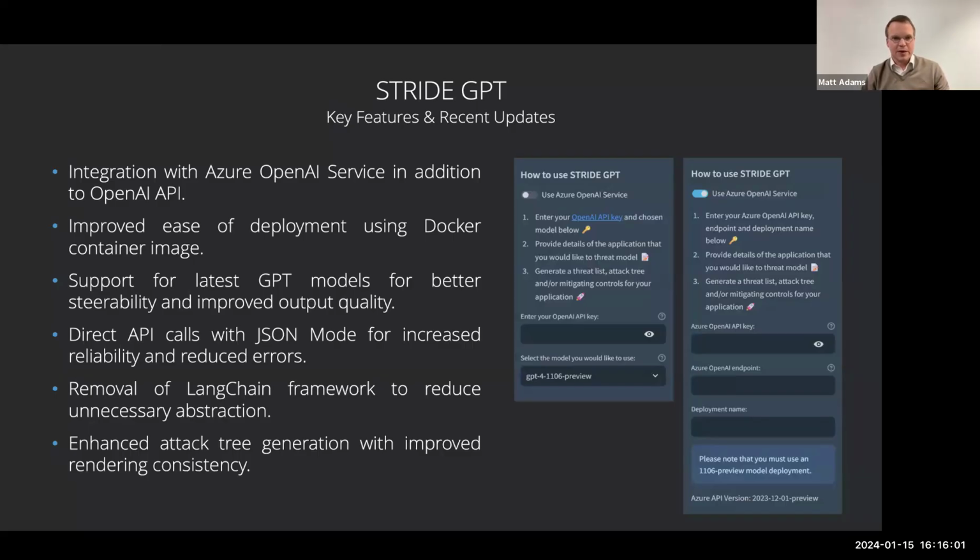Each of those pieces of information is taken and put into a prompt template that's then sent over to either the OpenAI API or the Azure OpenAI service with some instructions that say the model is an expert at threat modeling. It should produce a certain output type in a certain format.